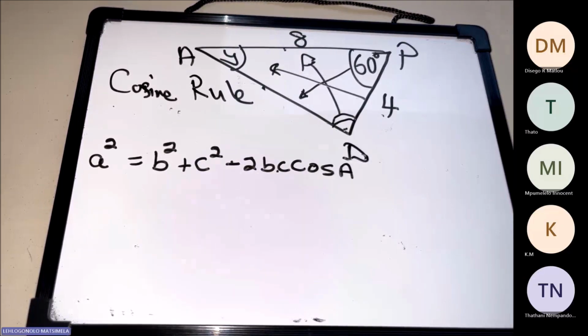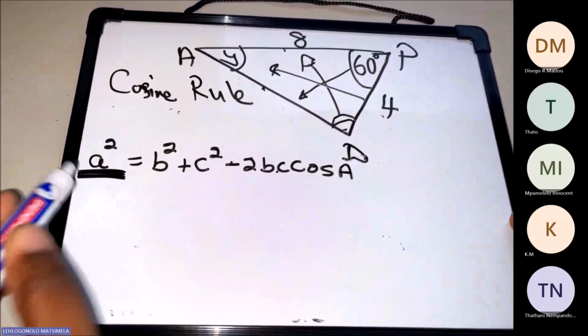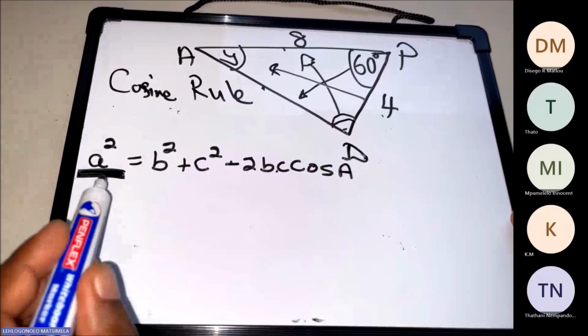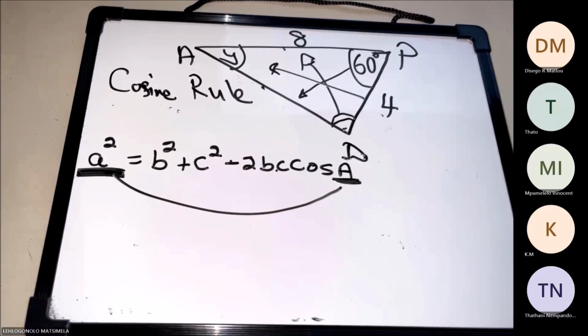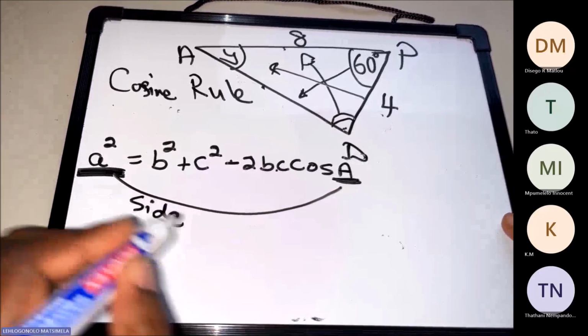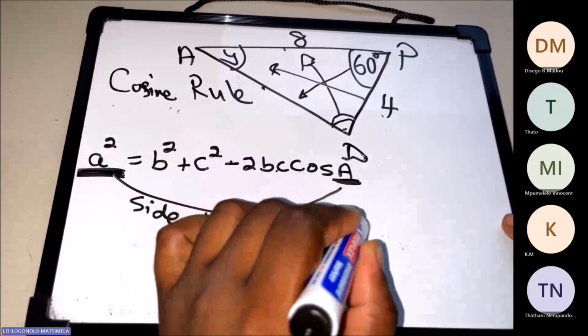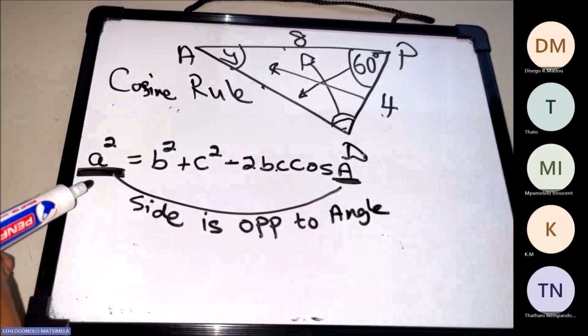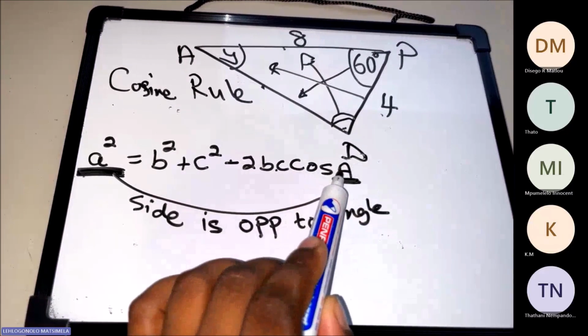It's up to you which side is A, which side is B, which side is C. But make sure that the side you put here as the subject of the formula, the side squared, is the side that is opposite to the angle you will put here.